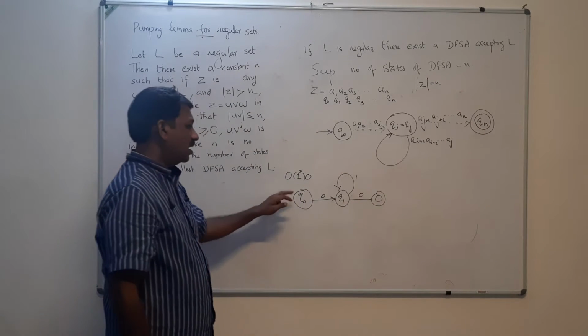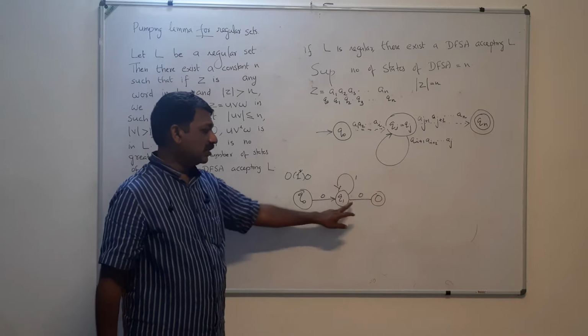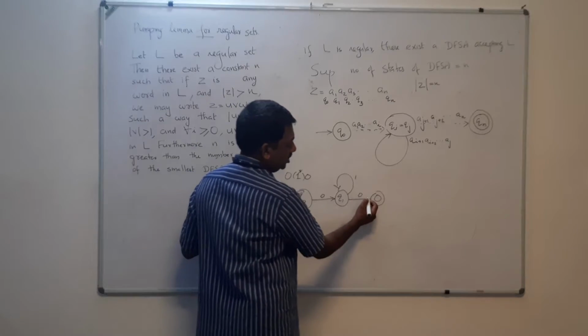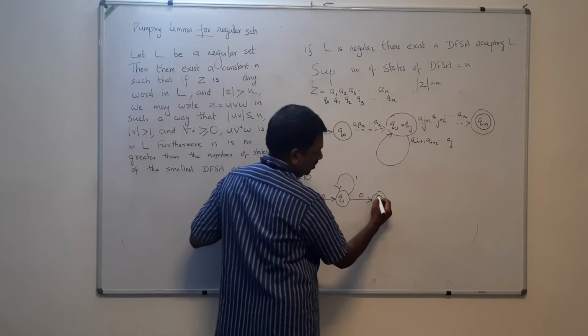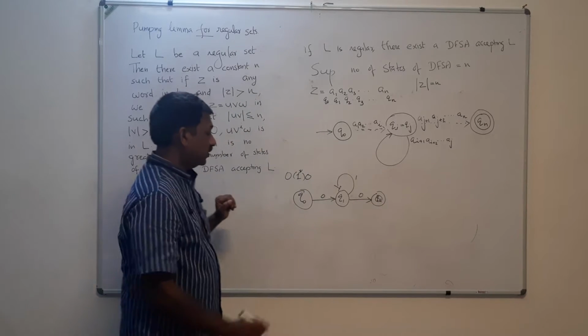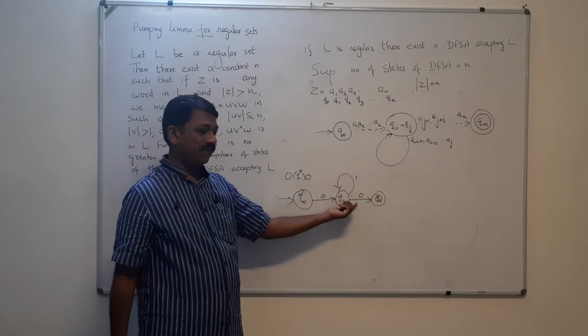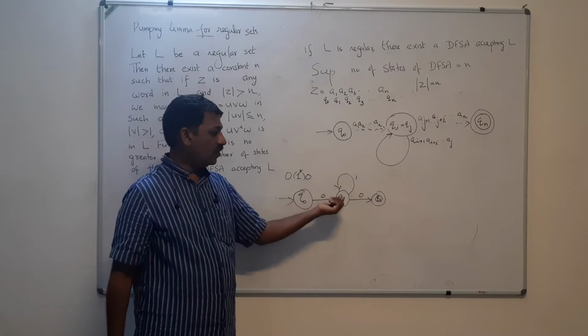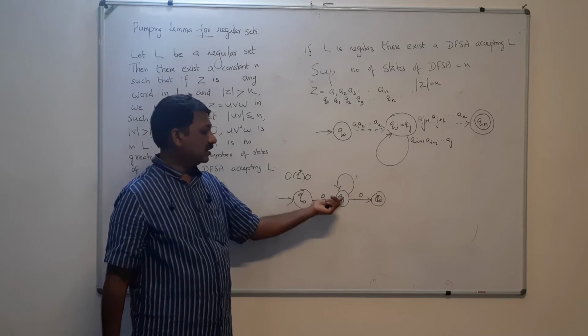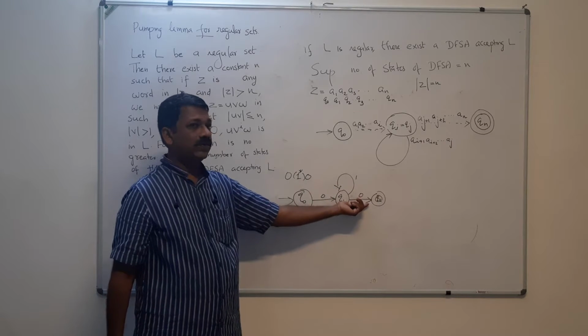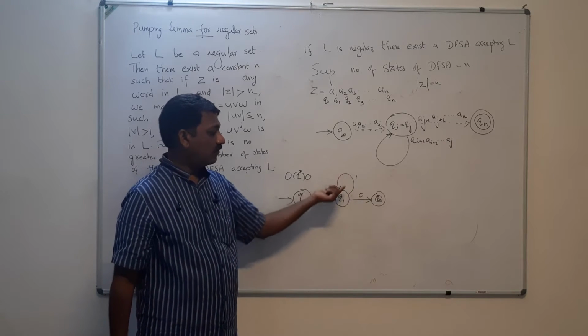This is q2. As per this deterministic finite automaton, it will accept 00. Next is 010. Next is 0110. 01110.